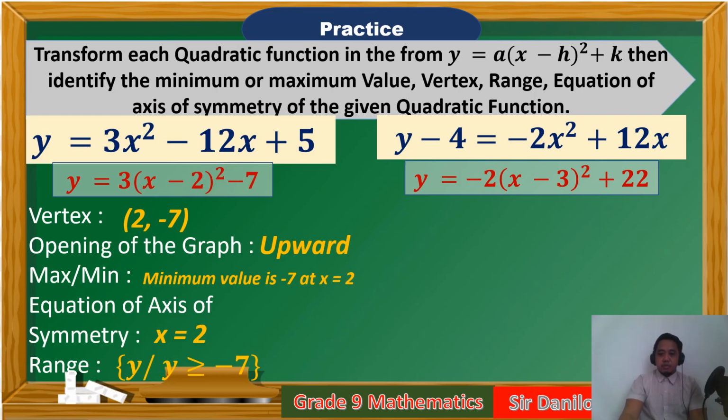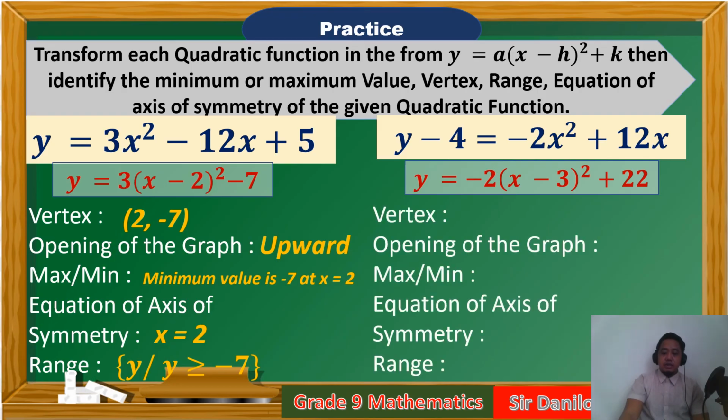Okay? Yan ang ating vertex form niyan. Then the vertex is positive 3 pa rin. 22. Opening of the graph is downward kasi negative ito, no? Negative. Okay, maximum o minimum? Downward yan, kaya yan ay maximum.